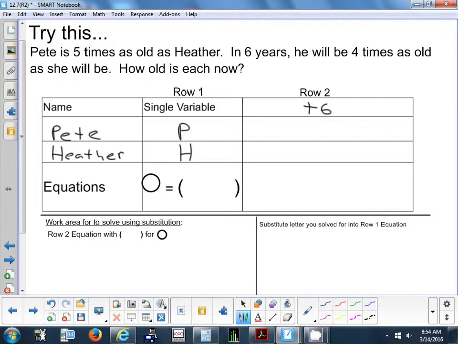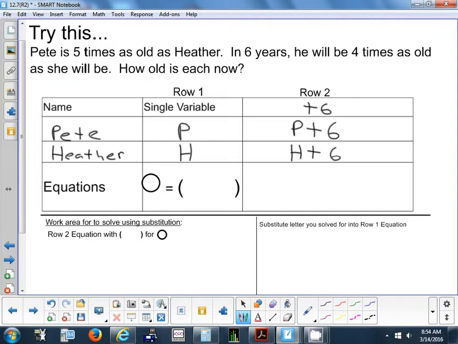All right. So now I want to do that to both Pete's age and Heather's age. How old is Pete in 6 years from now? P plus 6. And how old would Heather be 6 years from now? Yeah, good job, Justin. H plus 6.